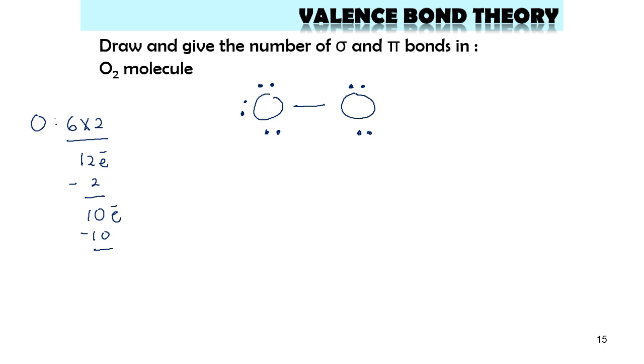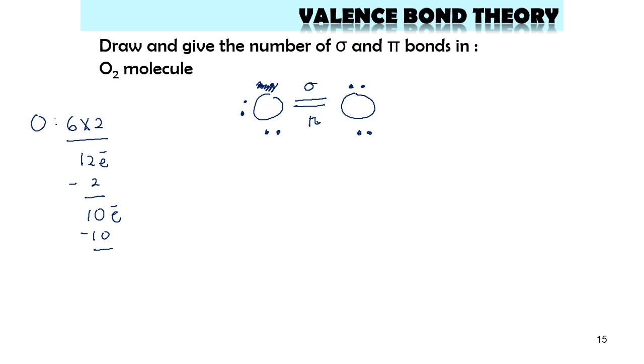So what we can do, we use this lone pair to make a double bond here. Okay, so this is the structure of oxygen molecule. One of the bonds is a sigma bond and another one is a pi bond. So always label sigma and pi at your bond here. Okay, this will be your guideline for the overlapping later.